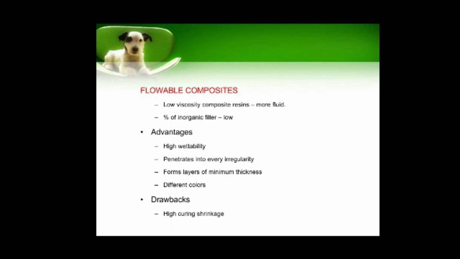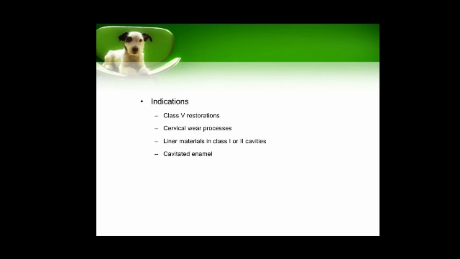It has more radio opaqueness and is available in different colors. The drawbacks include high curing shrinkage due to the lower filler load and weaker mechanical properties. They are indicated in class 5 restorations, cervical wear processes, and can be used as liner materials in class 1 or class 2 cavities, and also used in cavitated enamel.